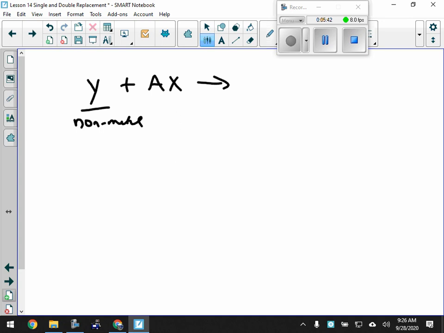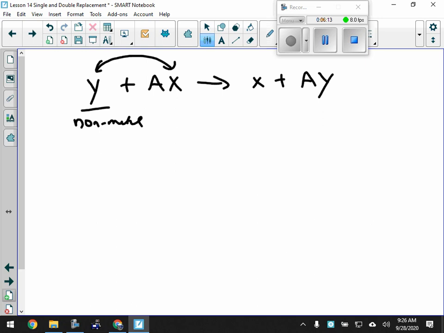So if you get a non-metal that reacts with an ionic compound, you're going to get a switch of the non-metals. So we'd get X and AY. Again, when you talk about ionic compounds, there's two different types.